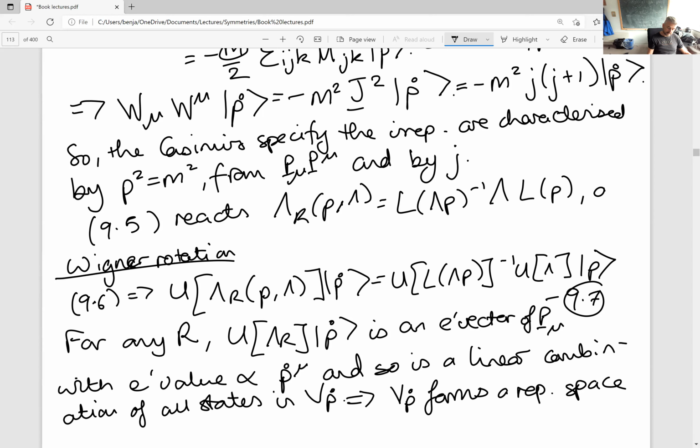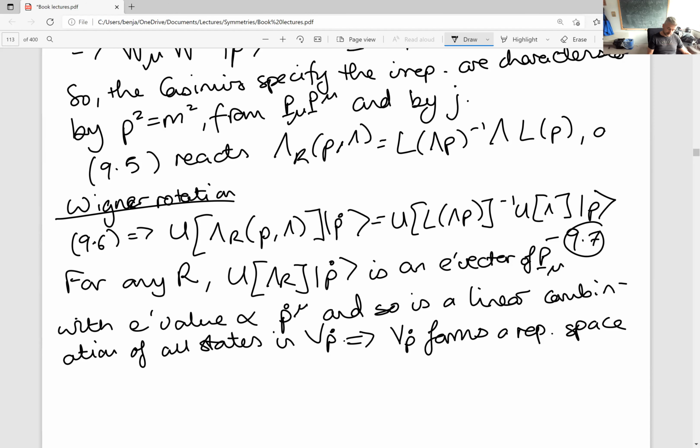Okay, so these are really SO(3) representations. But because we're dealing with quantum states, remember, Bargmann's theorem kicks in and we get the universal cover of SO(3), which we showed before was SU(2).